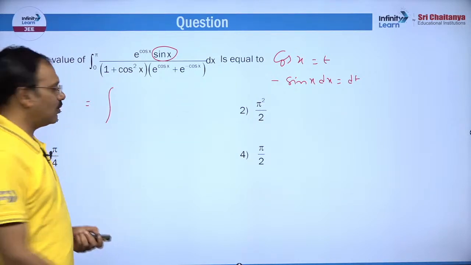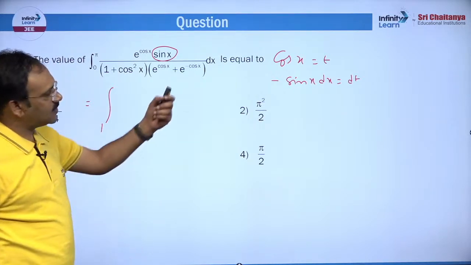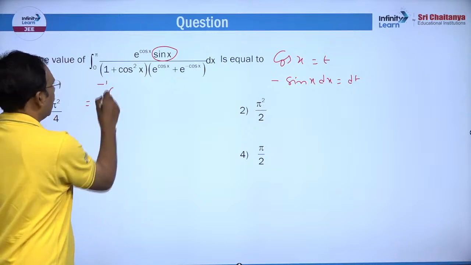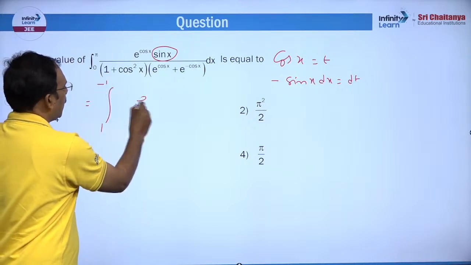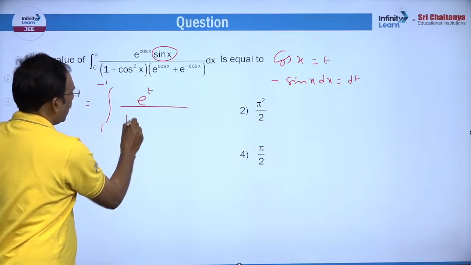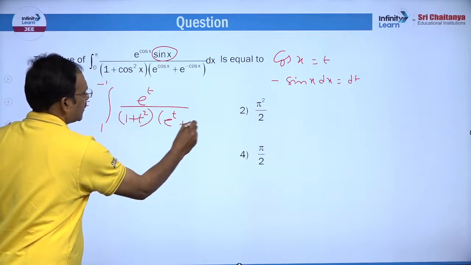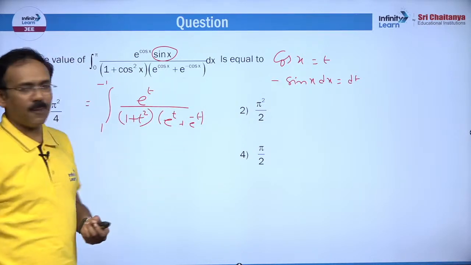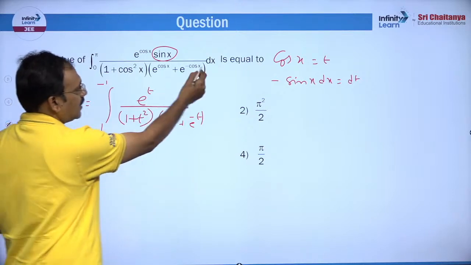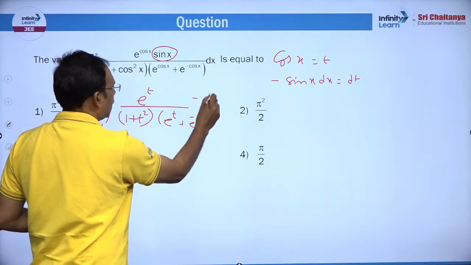When x is 0, t is 1; when x is pi, t is -1. So here we get e to the power t by 1 plus t square into (e to the power t plus e to the power minus t), and sin x dx becomes minus dt.